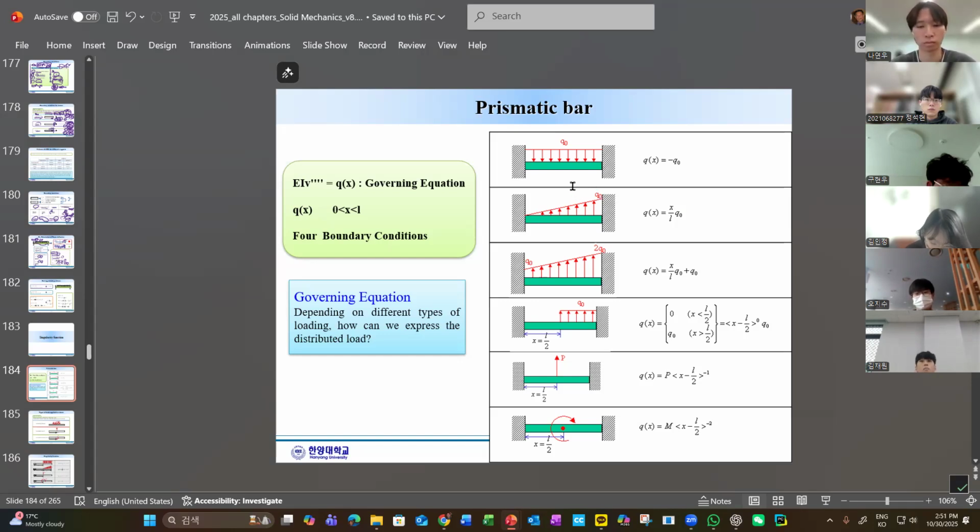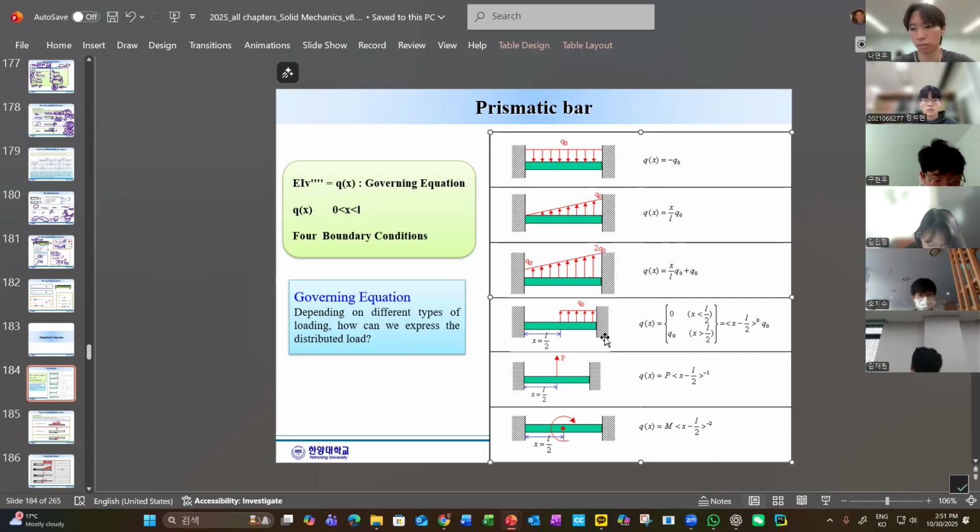Now the Q is again the distributed load, load per length. If this is uniform, it's very simple, and we can say Qx is the Q0. And if this is linearly varying like this, we can express this one in terms of x, like a linear. And if it's again linear but with a non-zero value, we can do this.